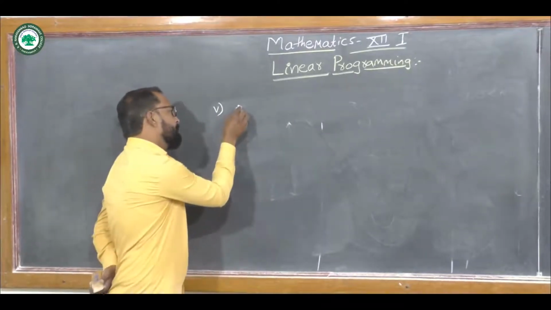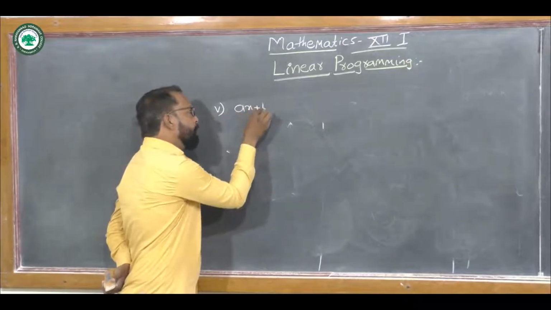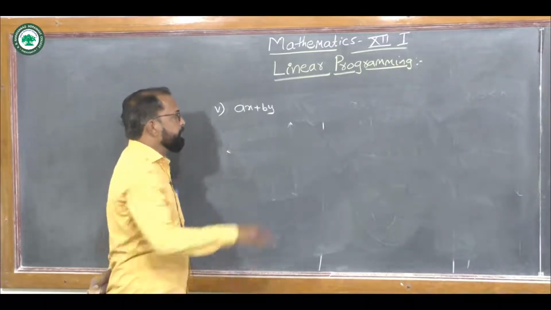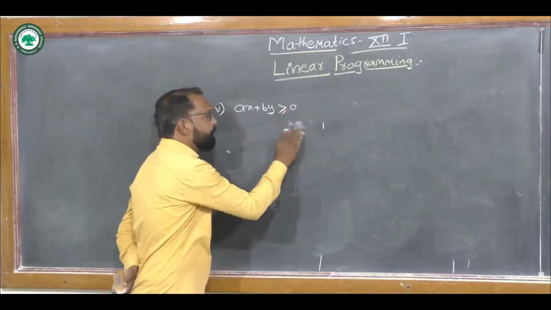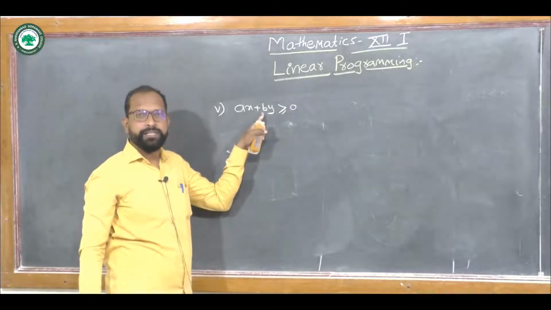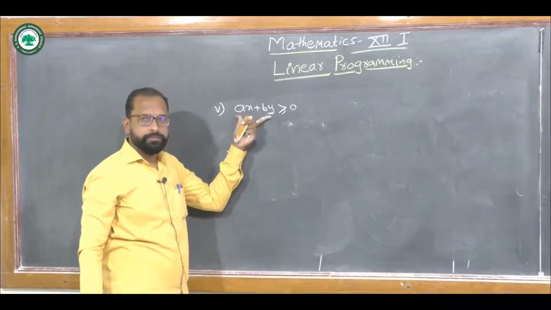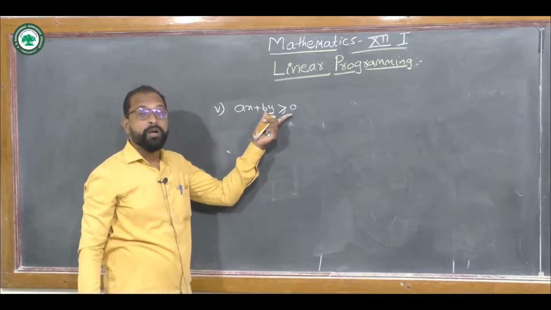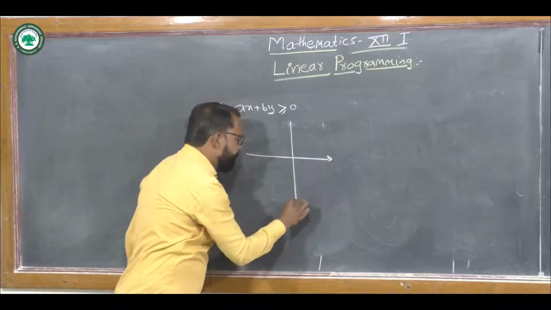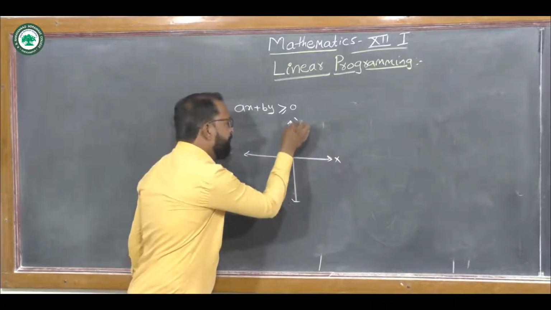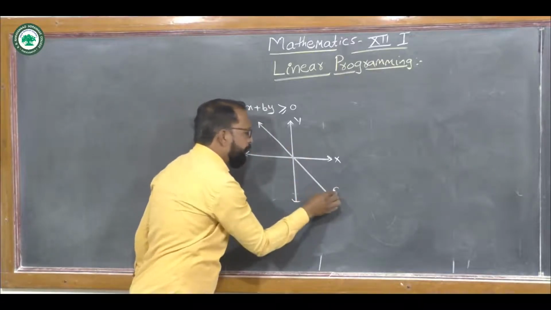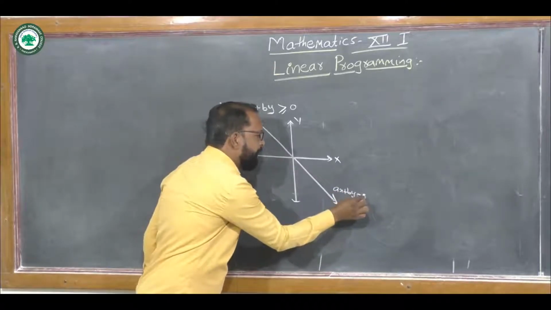Here, if we consider a line passing through the origin, that is ax plus by greater than or equal to 0, since the constant term, a term free from x and y, is absent, the equation ax plus by equals 0 passes through the origin. If we draw this line on a plane, it looks like this. This is the line ax plus by equals 0.